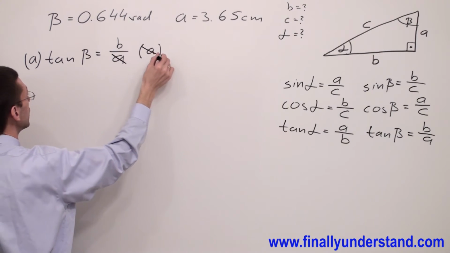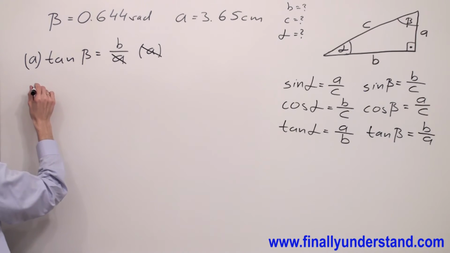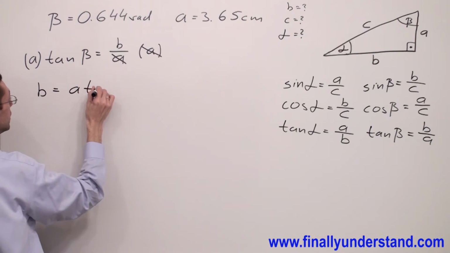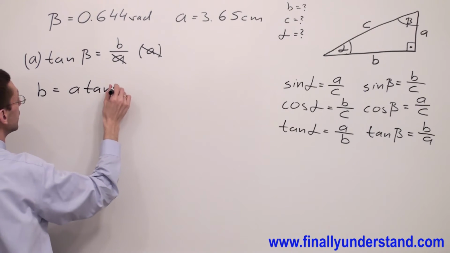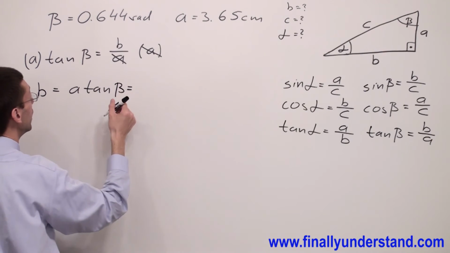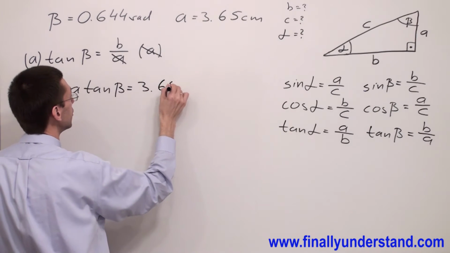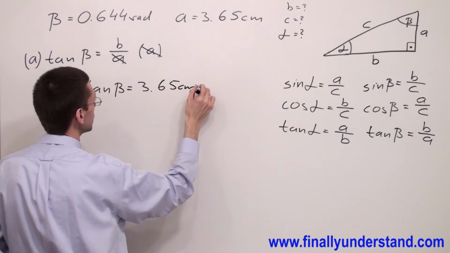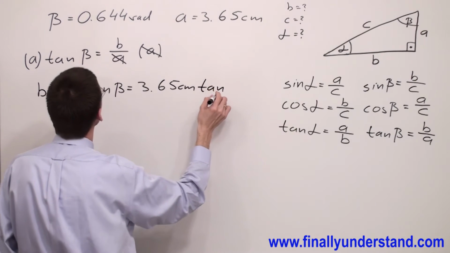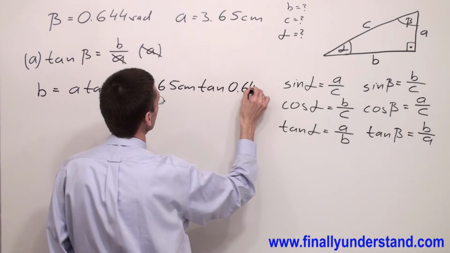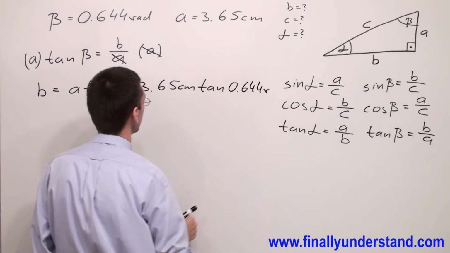So A and A will cancel out, and I have B is equal to A tangent beta, where A is equal to 3.65 centimeters, tangent of 0.644 radians.